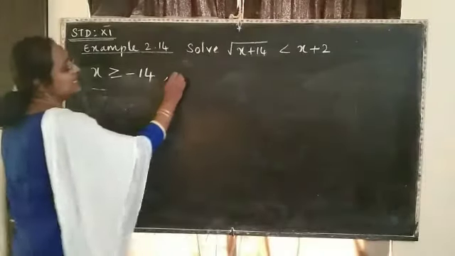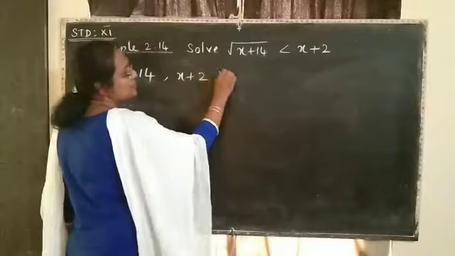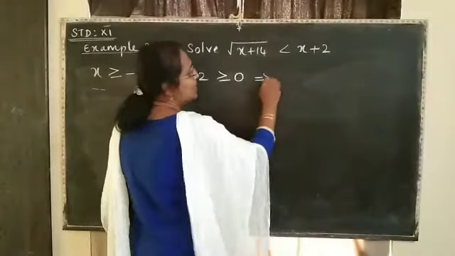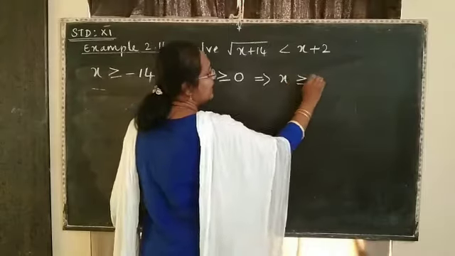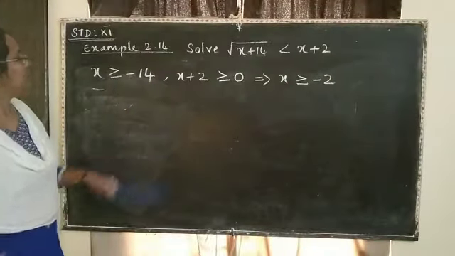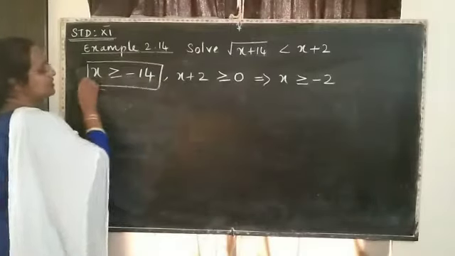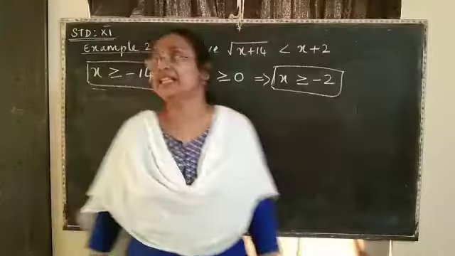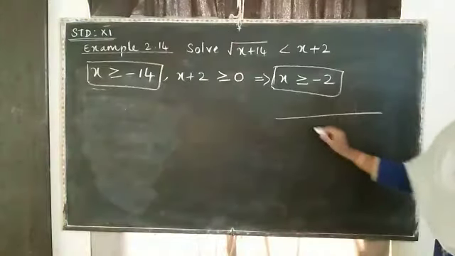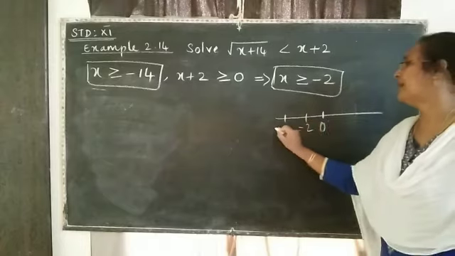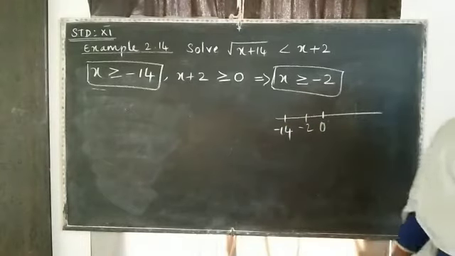So what is the next case? I can say that x plus 2 is greater than or equal to 0. So this implies x is greater than or equal to minus 2. Now we are going to take these two conditions on the number line. Look into this, 0, here minus 2, here approximately minus 14.